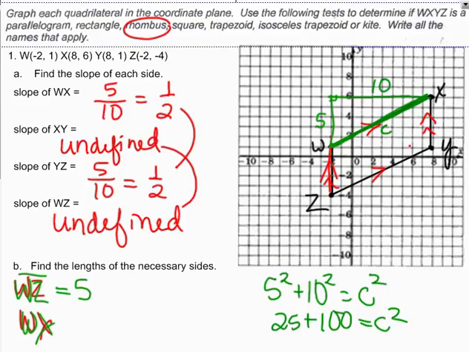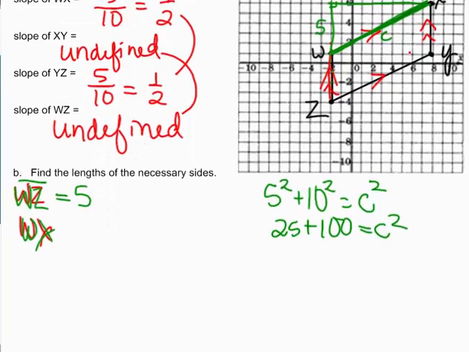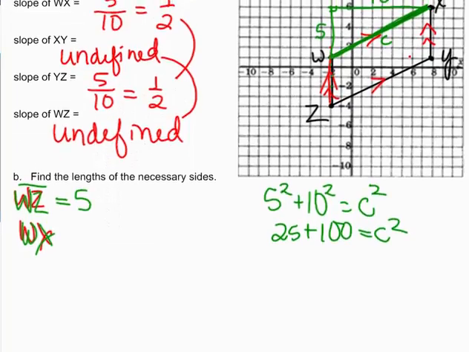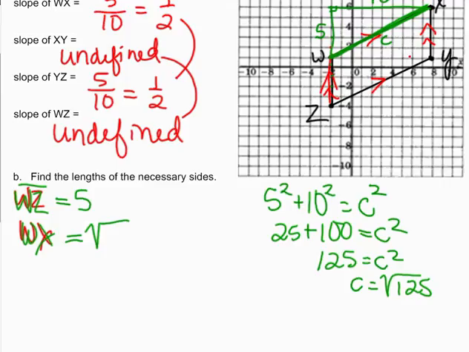So then we can say that this is 125 equals c squared. So c equals radical 125. Radical 125. Well, that's radical dude, right?